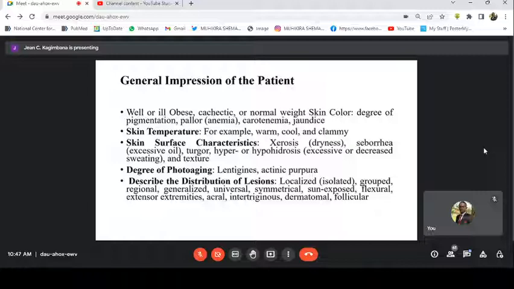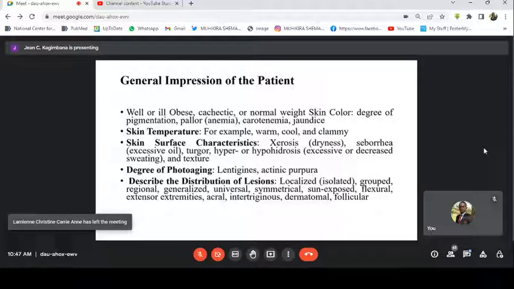Then the patient may be cachectic, because we have seen in some skin conditions where the primary lesions correlate with internal organ involvement, like in cancer.